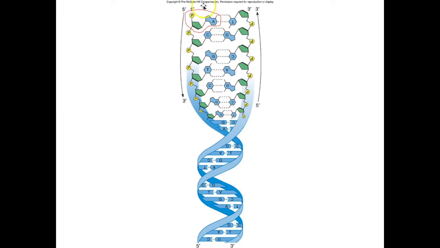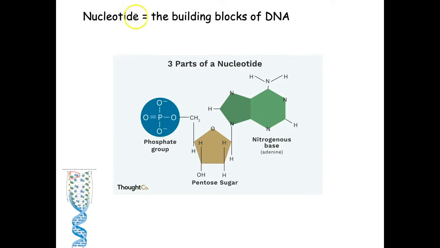And what we're going to focus on a lot of the lecture today is this little piece of the DNA double helix. We're going to break down each and every one of these components because they're all going to be really important to the things that we're going to be talking about in the future. This little piece of DNA is called a nucleotide, and a nucleotide is the building block of DNA.